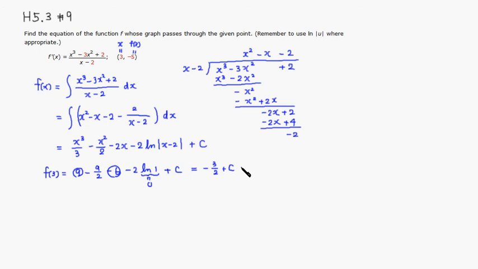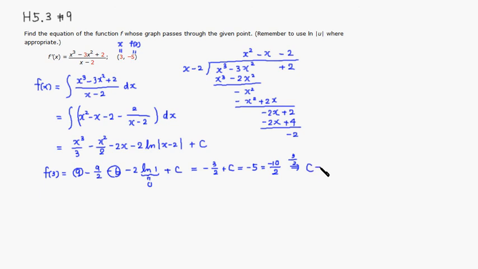And this is equal to negative 5. Since I want the common denominator 2, negative 5 is equivalent to negative 10 over 2. Then we can find c by adding 3 halves to both sides, so that we can cancel that.